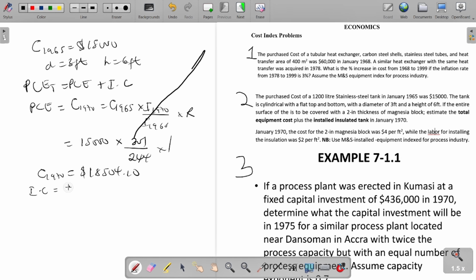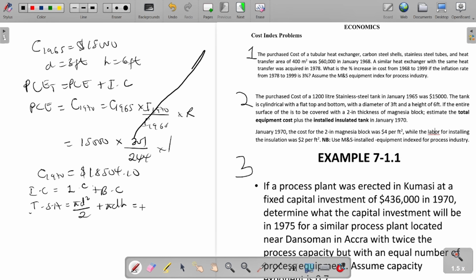Over here you can see that the installation cost consists of the magnesia block cost plus the labor cost, where we can actually calculate both of them, right? So you can have the total surface area, TSA, which becomes pi d squared divided by 2 plus pi d h.